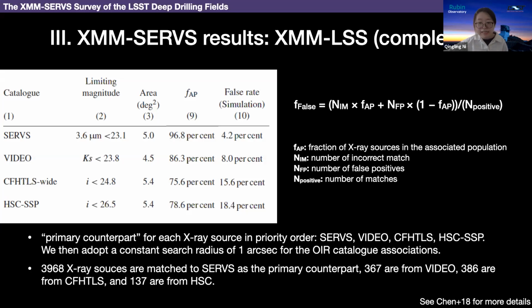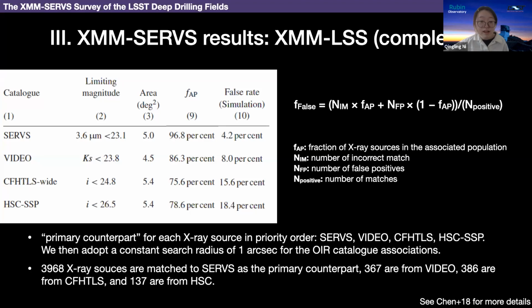So in order to assess that, we perform Monte Carlo simulation to assess the false matching rate when matching the X-ray catalog to each of the optical or near-infrared catalogs. The formula is listed here, and you can refer to the paper for more details if you are interested.